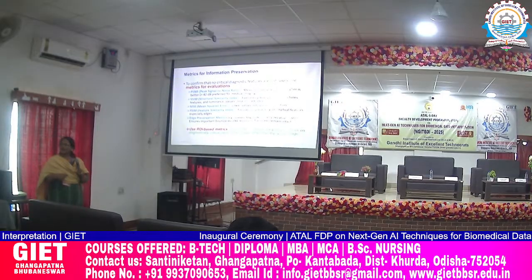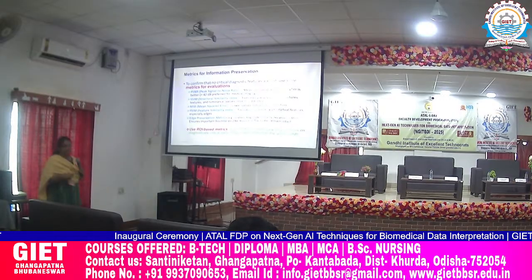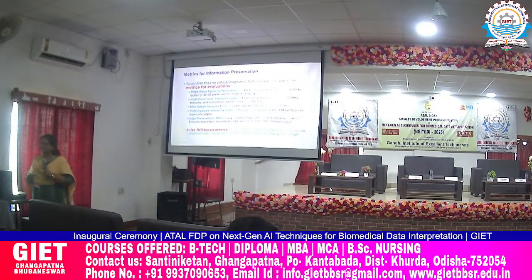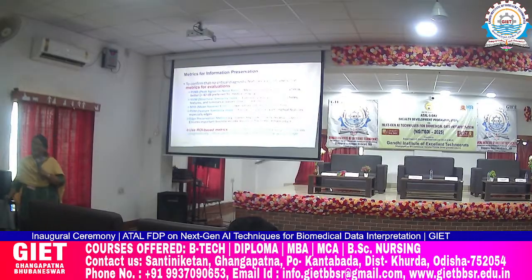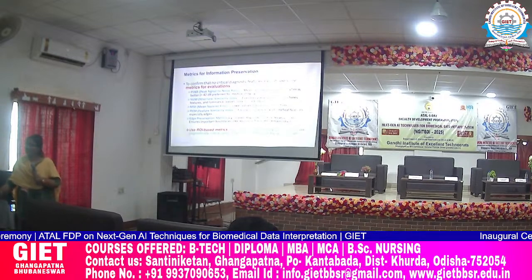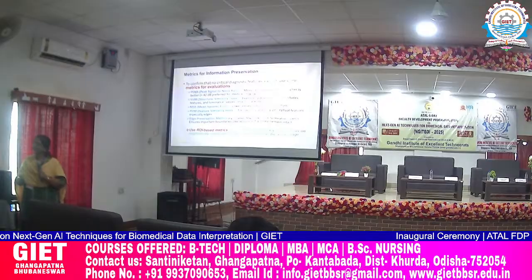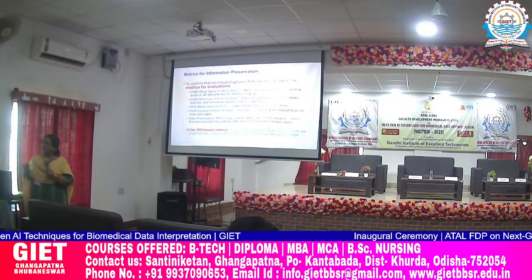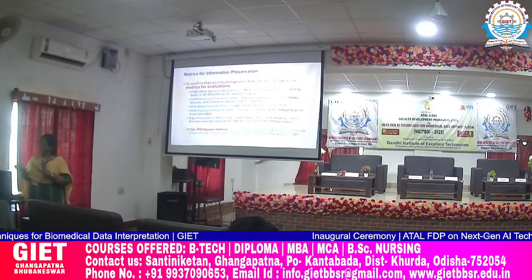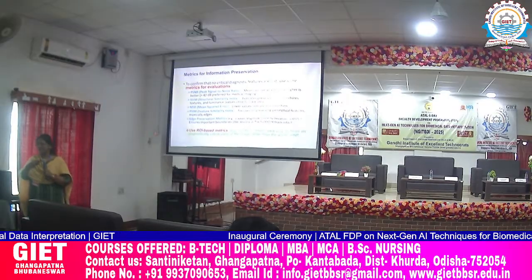It will be better to check all the metrics or all the parameters in your image. Suppose you resize your image, and someone asks whether the information is preserved as it is or lost. Then you just apply the technique. That means before resizing and after resizing, you check the parameters by using these methods.